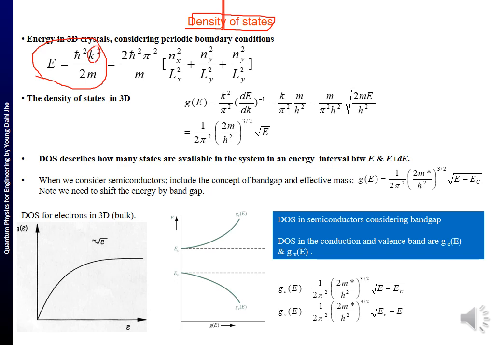Let's say we have a crystal whose length scale is like Lx, Ly, Lz, and electron is confined within the box.